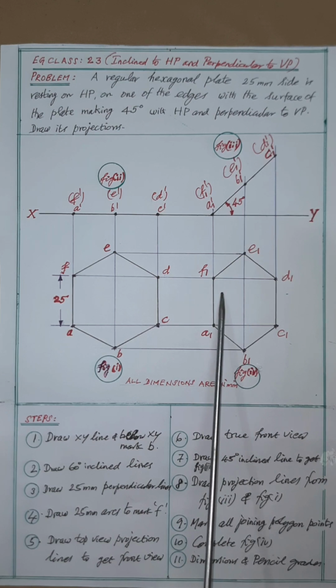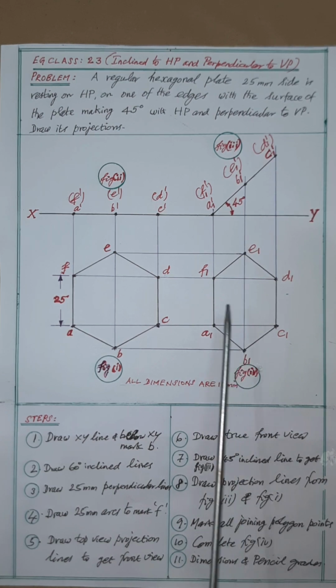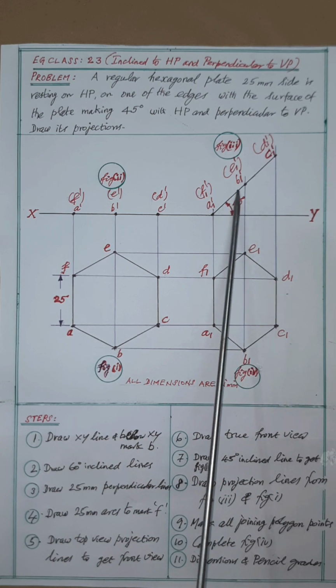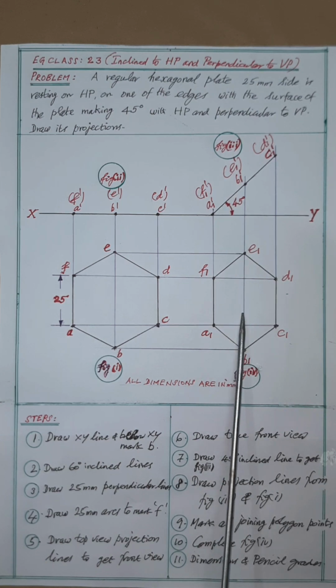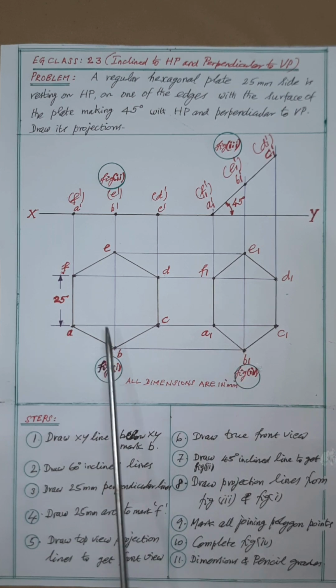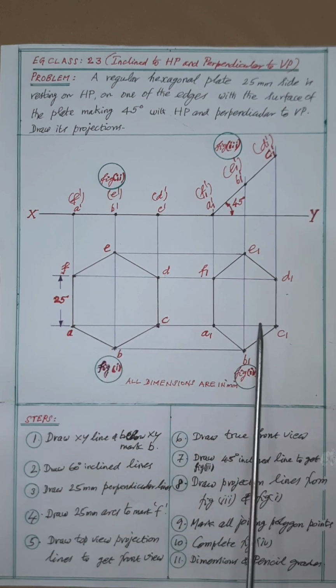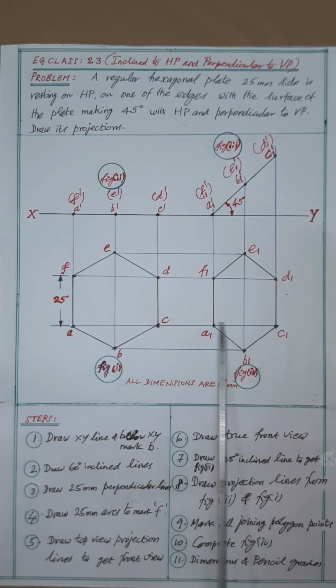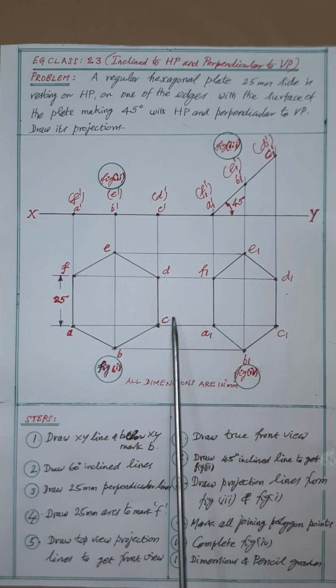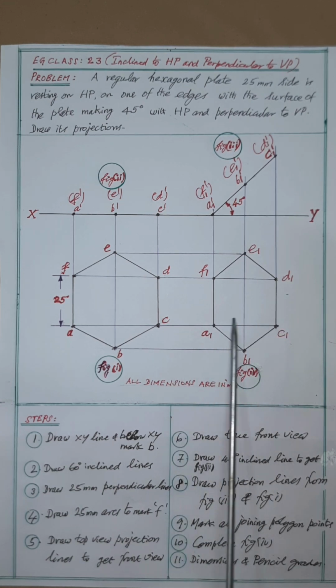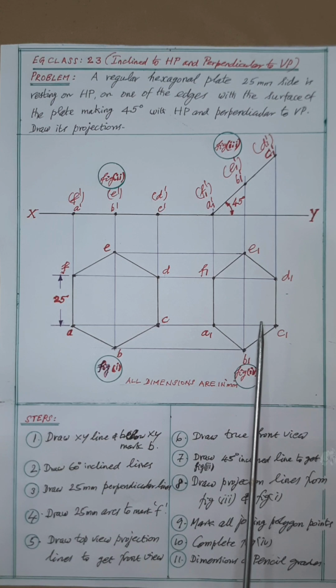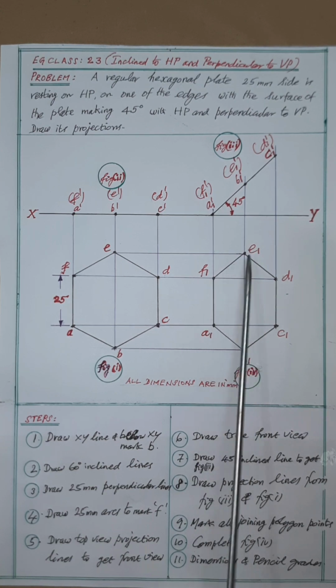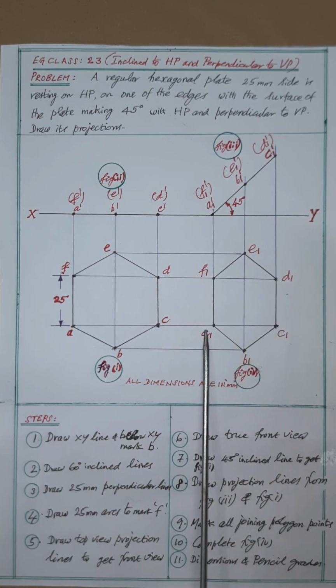Then as per step 8, project the figure 3 points downward through perpendicular lines and then project figure 1 points on the right hand side through horizontal lines, parallel lines to XY as shown. As per step 9, mark all the meeting points.